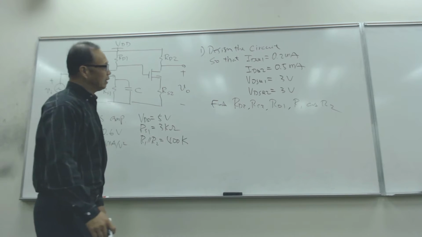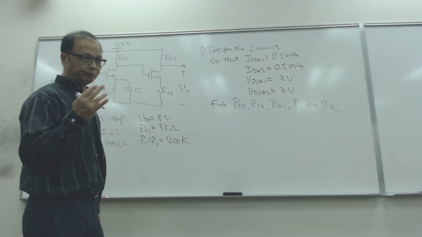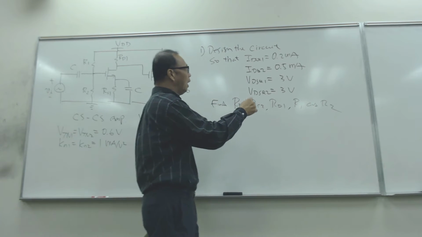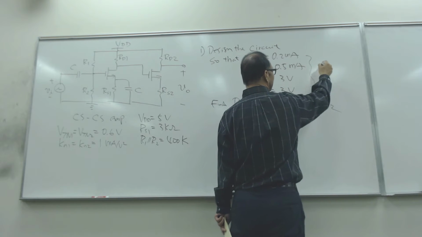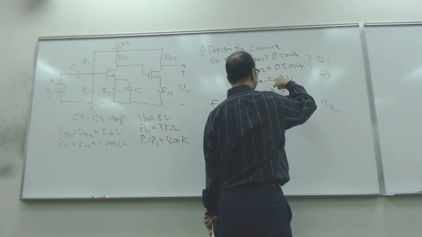So basically, the Q points of the first and the second stage are given, right? So it's the Q1, Q2, right?